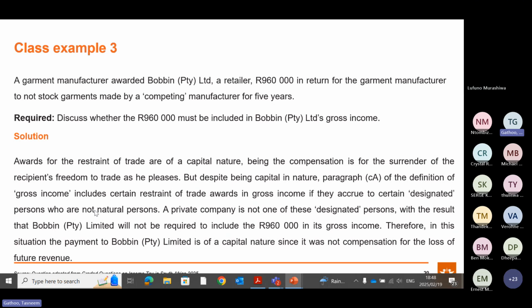The definition speaks about personal service providers and labor brokers. It doesn't say anything about a company. So a private company is not one of those designated persons, with the result that Bobbin will not be required to include the 960,000 in its gross income. Therefore, in this situation, it's of a capital nature since it was not compensation for the loss of future revenue.